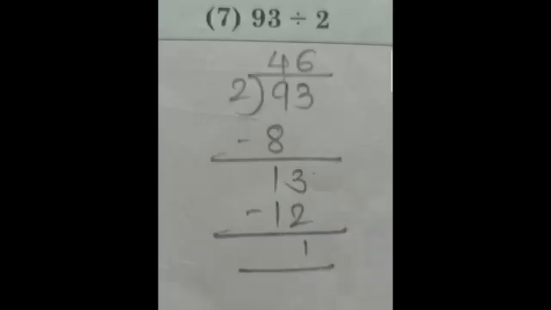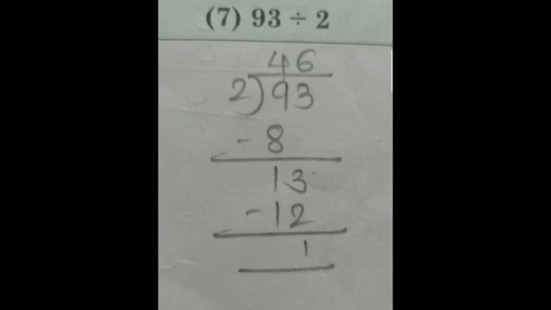Now students, in this sum it is 93 divided by 2. First we'll begin with the 9. Is 9 coming in 2's table? No. But you have to find a number which is coming in 2's table and which is less than 9. So it is 2 fours are 8. So 9 minus 8 is 1. Now you will bring that 3 down, so the number is 13. Is 13 coming in 2's table?